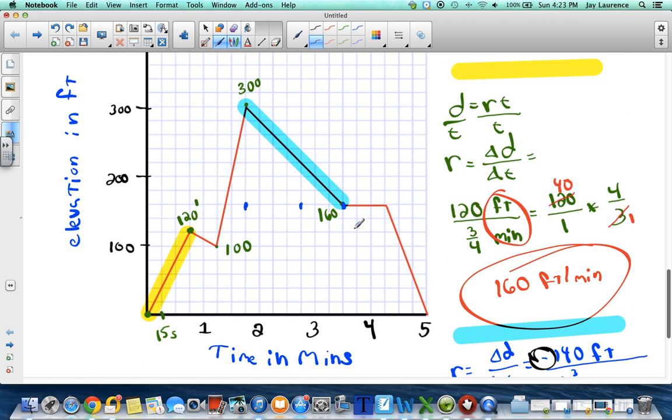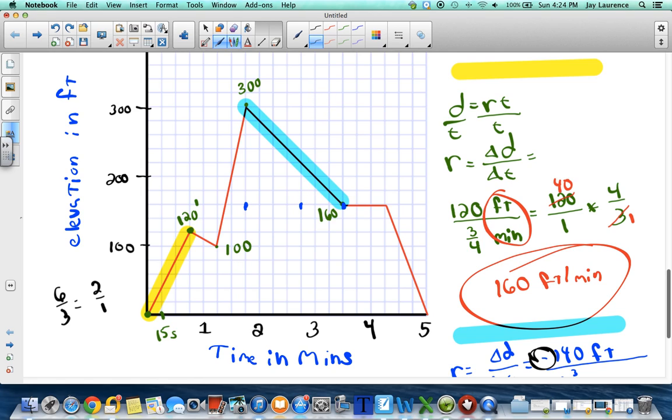Now, does that make sense? You look at the yellow highlighted segment. It's going up 1, 2, 3, 4, 5, 6 blocks for every 1, 2, 3 it goes over. So it's like 6 over 3, or 2 over 1. But this one's going down 1, 2, 3, 4, 5, 6, 7, and going over 1, 2, 3, 4, 5, 6, 7.